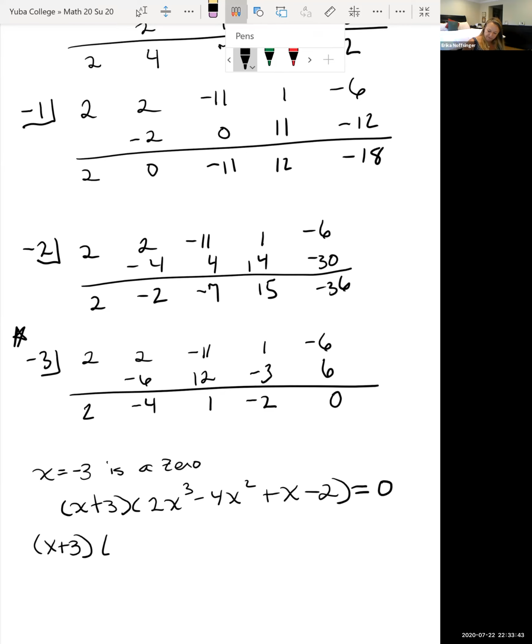Notice our first two terms in that second parentheses both have a 2x squared in common. We pull out a 2x squared, you're going to be left with an x minus 2, plus, notice right here, you're left with an x minus 2.